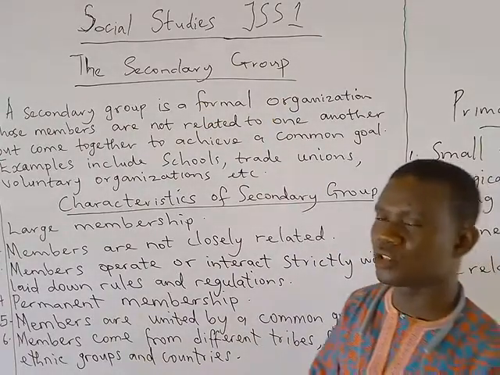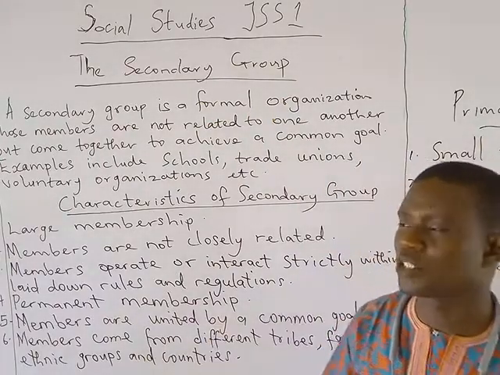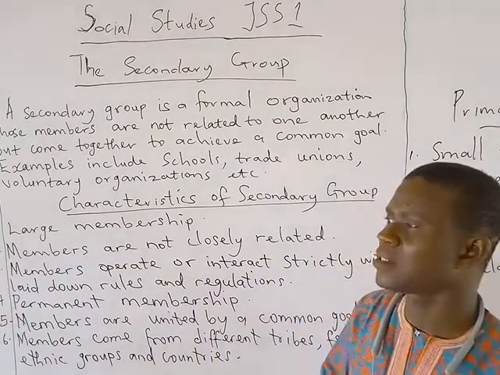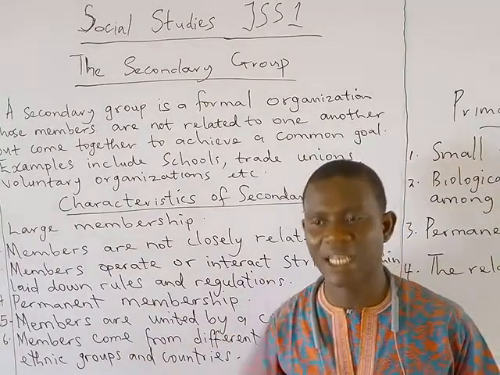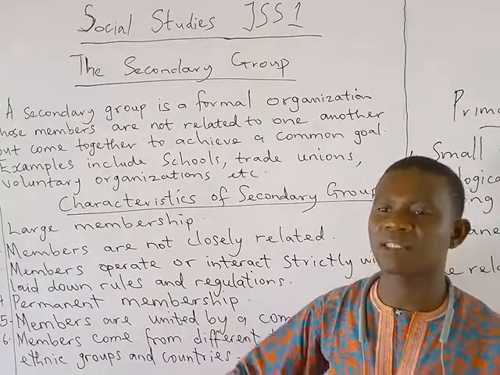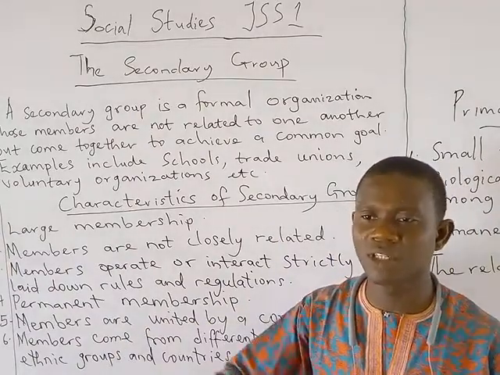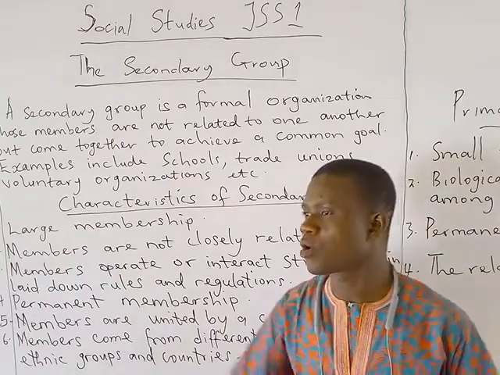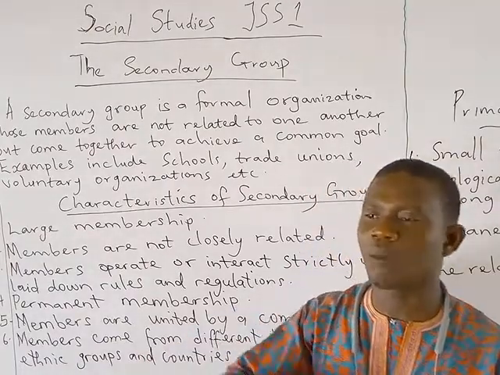Now, when we talk of secondary group, what are we talking about? Secondary group is a formal organization whose members are not related to one another, but come together to achieve a common goal.